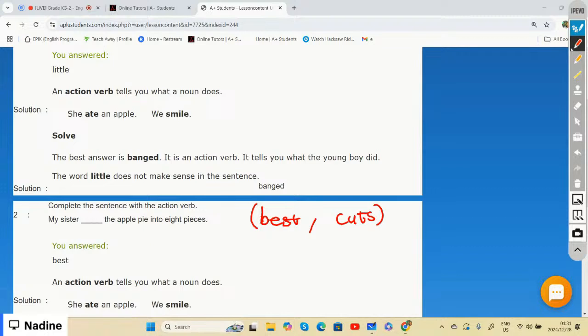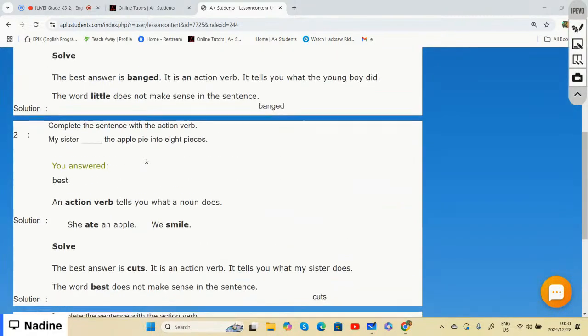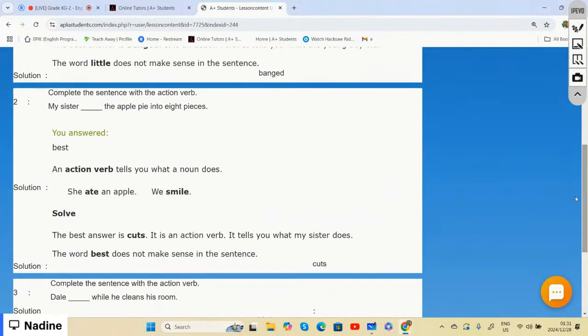All right, then if we were to choose the correct option, then yes, cuts is correct. So my sister cuts the apple pie into 8 pieces. Well done. Cuts is correct. The next one: what is Dale doing?